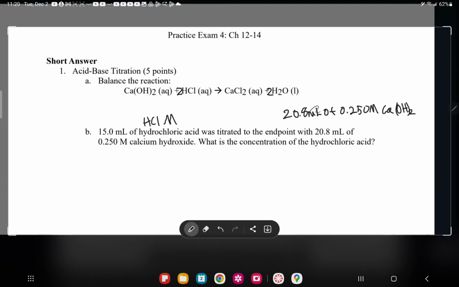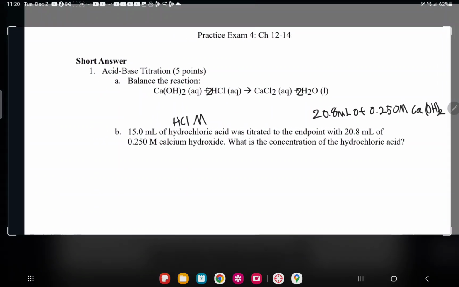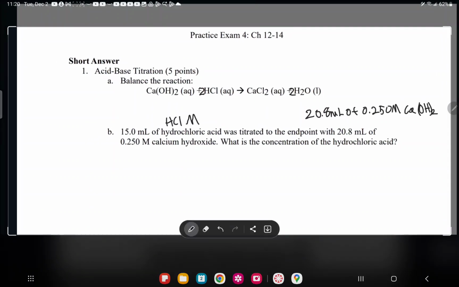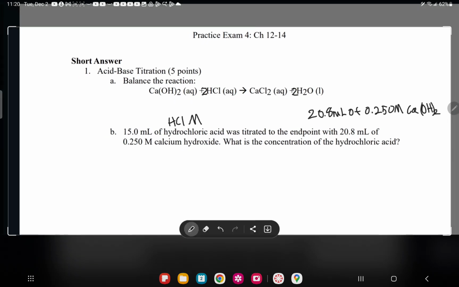So far we have the liters, we have the molarity, and we want to get to the HCl molarity. So in this equation, we're going to be using the coefficients in the moles to figure out the stoichiometry, and we're going to be using cross-dimensional analysis in this as well. So we're going to start with what we're given. When we're working with molarity, we're looking at moles per liter.